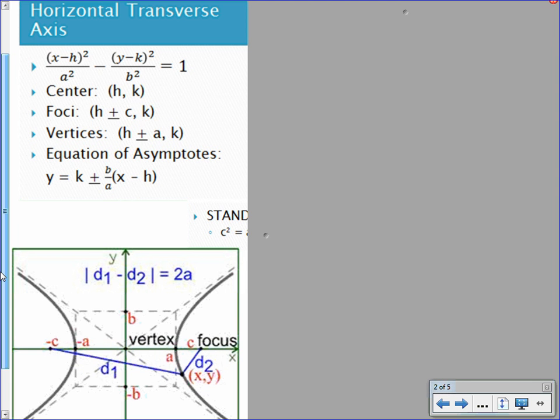This looks very similar to an ellipse equation, but what's different? There is subtraction in between. That is how you tell it is a hyperbola. Our center is still going to be at (h, k). Our foci are still going to be c away. Our vertices are still going to be a away from that center.